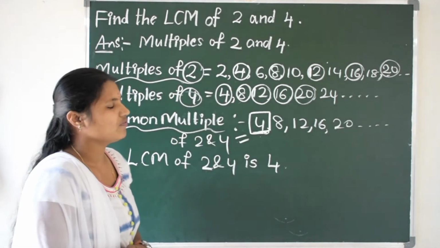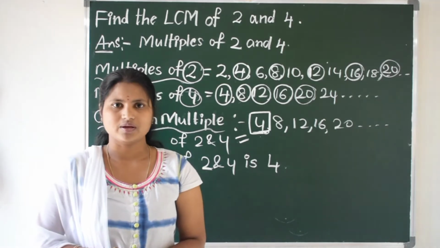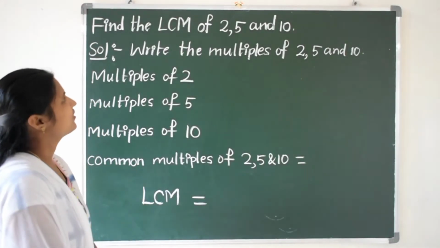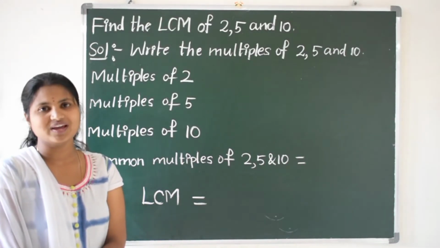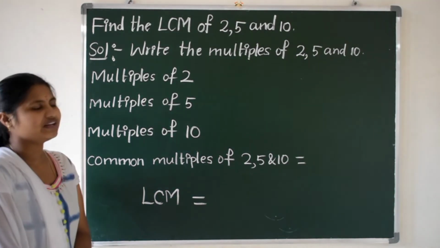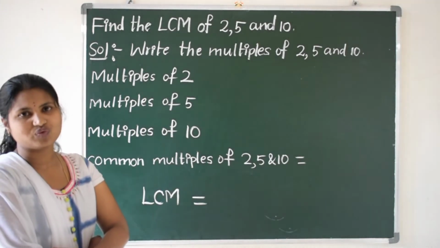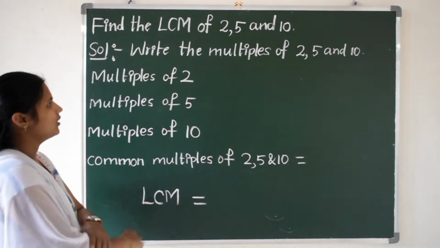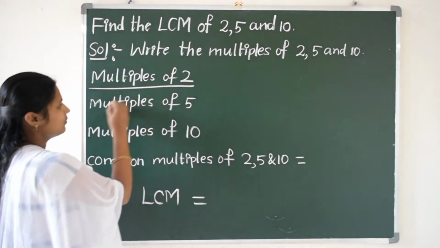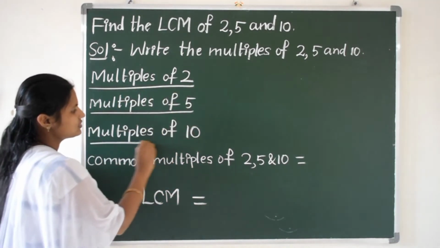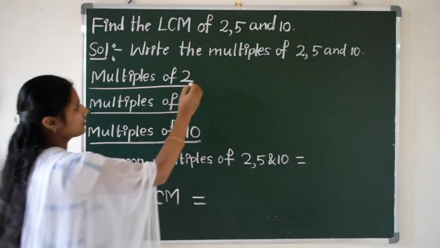Okay, we'll take one more example to understand in a better way. Here we have one more question. Find the LCM of 2, 5 and 10. First, write the multiples of 2, 5 and 10. What are the multiples of 2?